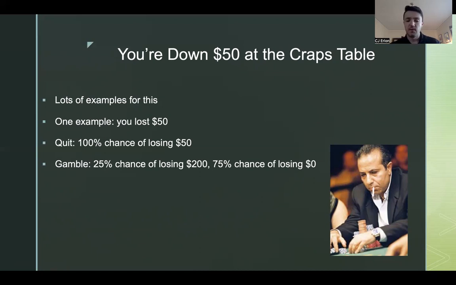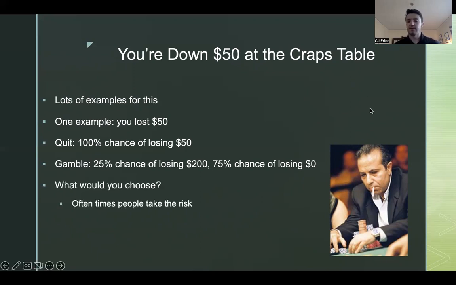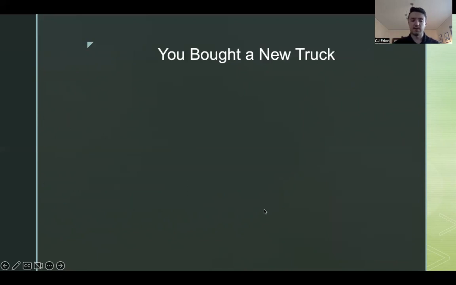In other words, what do you think you would do? Well, it seems as though, on average, in this scenario, people prefer to take the risk and gamble and take the risk of losing that $200, but also have a chance to get back to no loss.